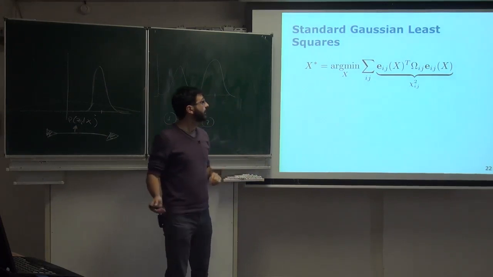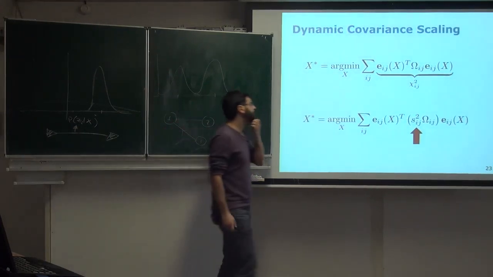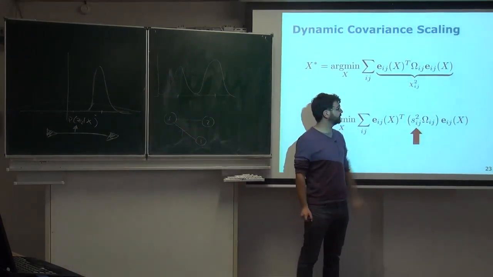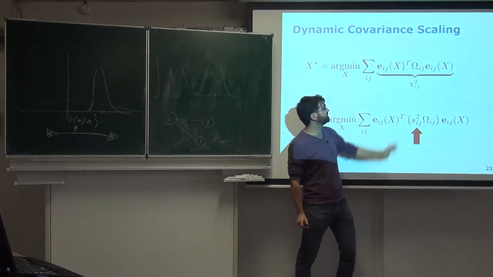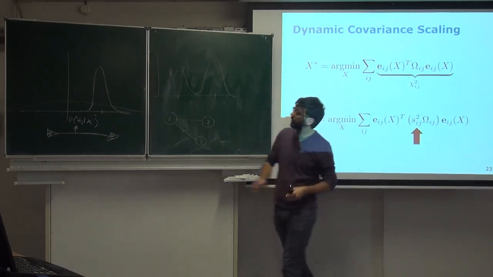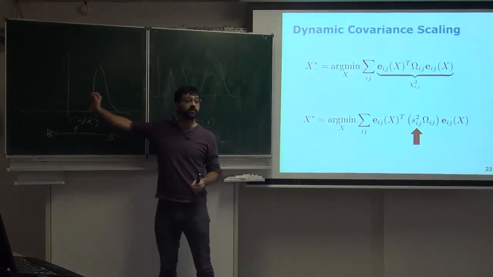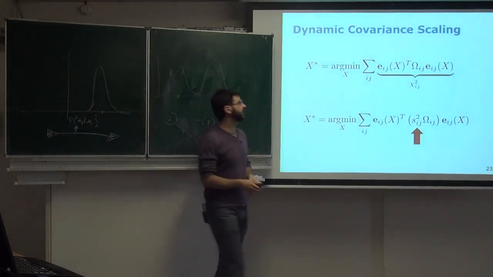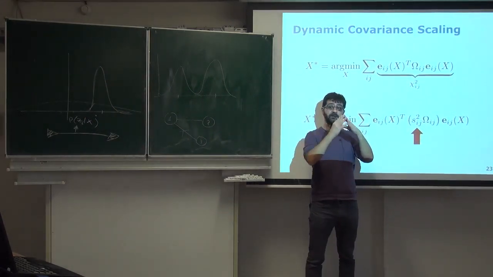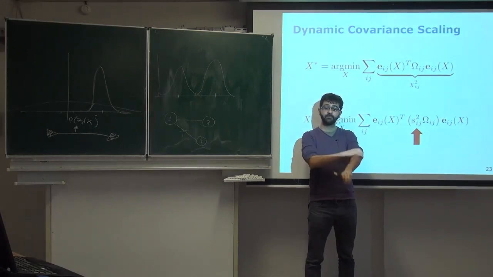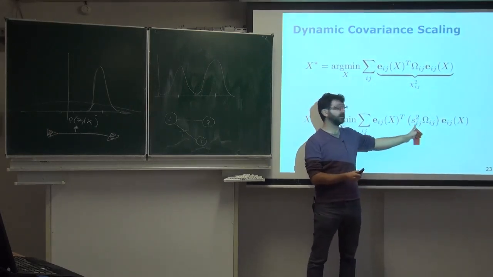Okay? Now, you can also look at the whole problem in a slightly different way. Instead of saying I have two hypotheses, the flat one and the peaked one, you can say that I have a lot of different hypotheses on my covariance, and that can be scaled by another factor.